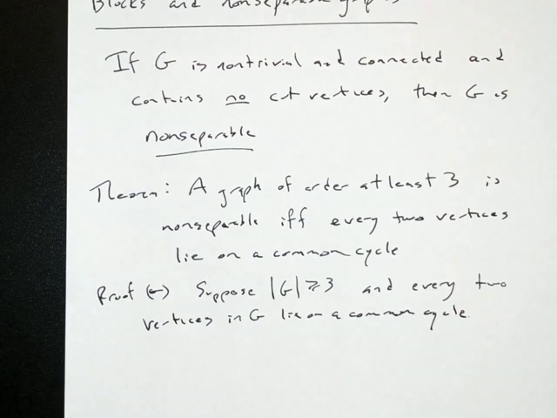What I want to show is that the graph is non-separable, which means I should not be able to find a cut vertex. Proving that something does not exist is hard. So let's suppose there is one and find a contradiction.